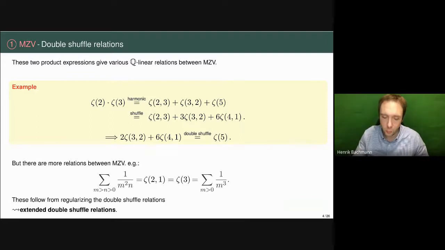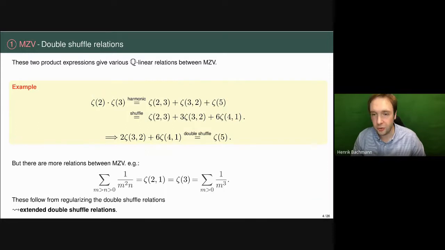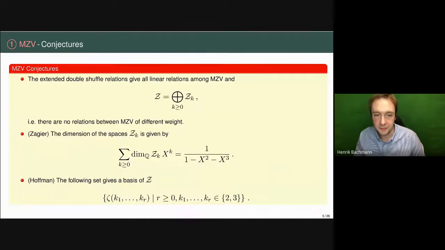But there's a way to regularize these types of relations, which then gives the so-called regularized double shuffle relations, or sometimes also called extended double shuffle relations. And this one can write down explicitly. Then one main conjecture in this field is that these types of relations actually give all Q-linear relations among these real numbers.